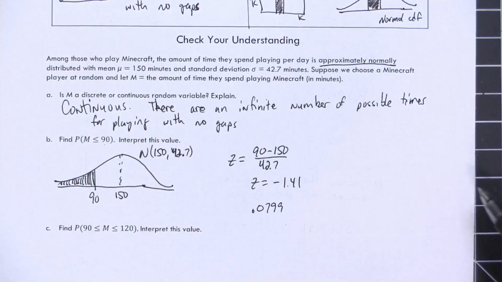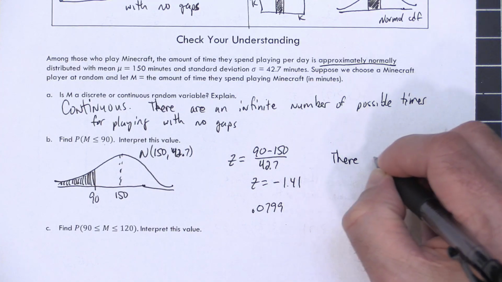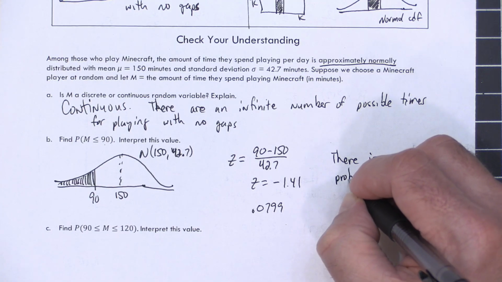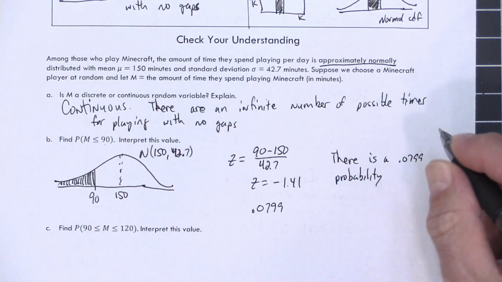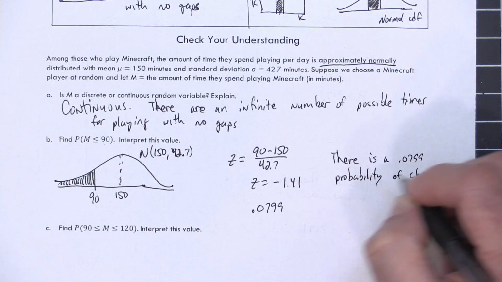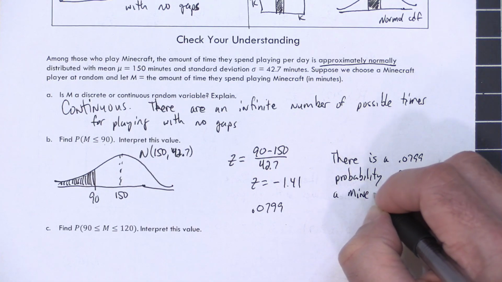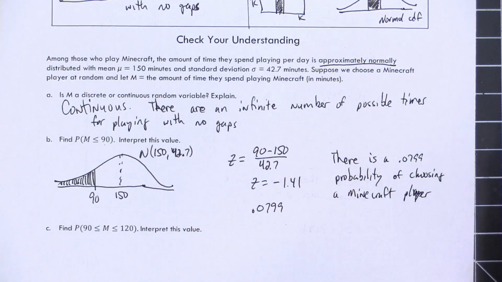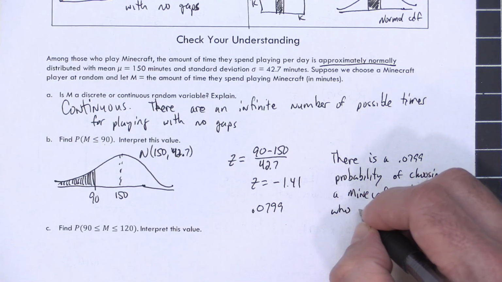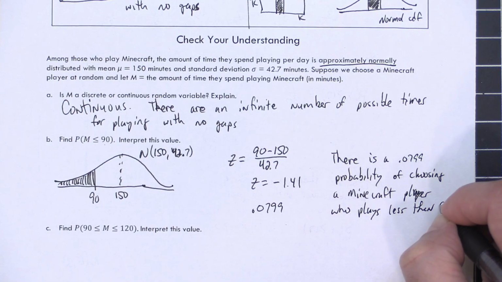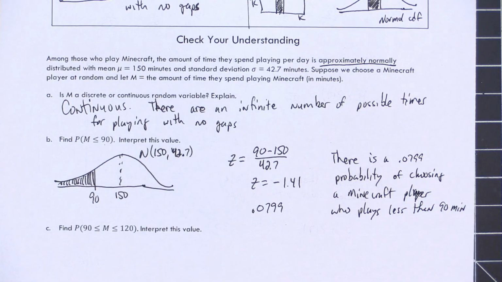Now, if I write it out and I interpret it, I would say there is a 0.0799 probability of choosing a Minecraft player who plays less than 90 minutes.